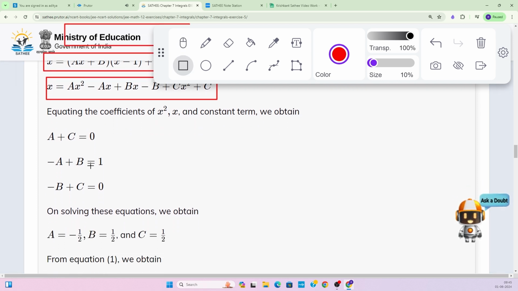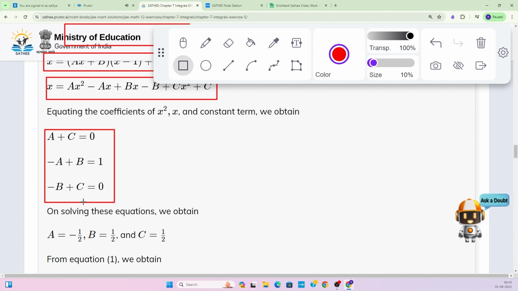You have three unknowns and three equations. This means you can easily solve it. How are you going to solve it? Very easy. Add the first two equations, and you will get c plus b is equals to 1. Or you can add all of the equations, and a will be cancelled, b will be cancelled, you are only left with 2c is equals to 1.